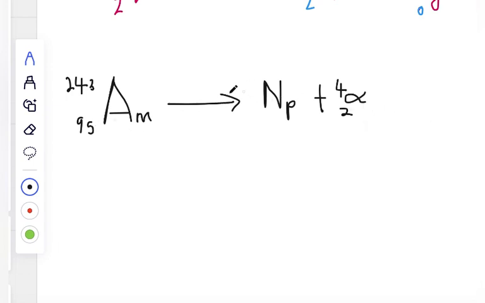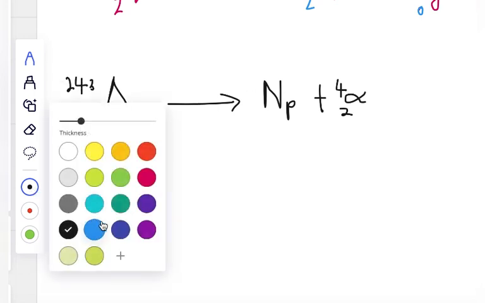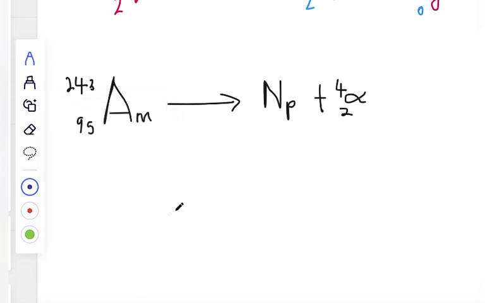Let's change the color to solve the equation. You say 243 is equal to, turning it into a mathematical equation, you don't know what is here, you can call it x.